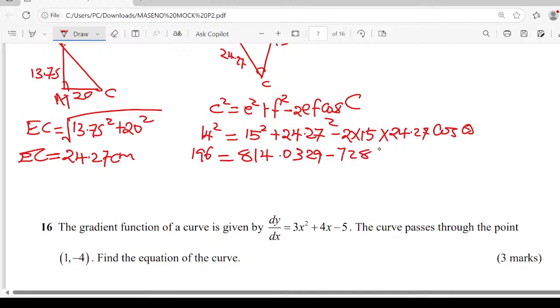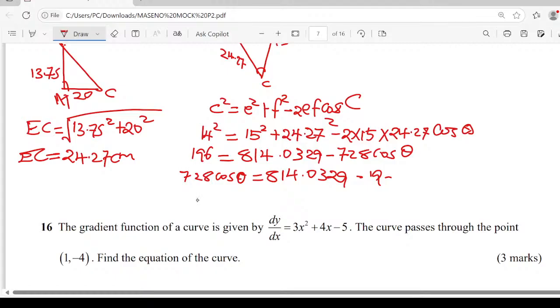That is 728.1 cos theta. Collecting like terms, I'm going to have 728.1 cos theta being equivalent to 814.0329 minus 196.